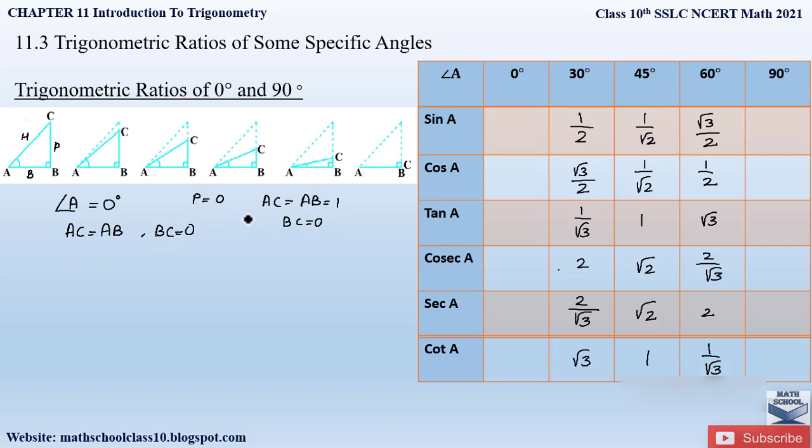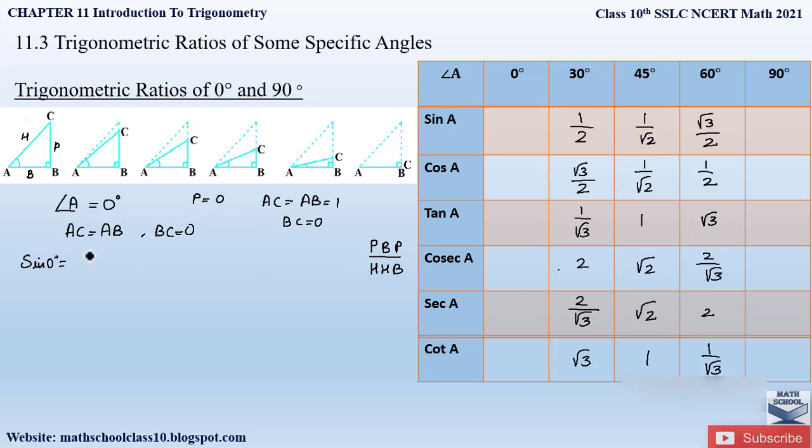Right? Now we will find out the trigonometric ratios for angle 0 degree by applying these values which we have obtained here by making angle A equal to 0. So to find out the trigonometric ratio, let us write down the fraction for it, that is P B P divided by H H B. So for sine 0 degree, the trigonometric ratio will be perpendicular by hypotenuse.